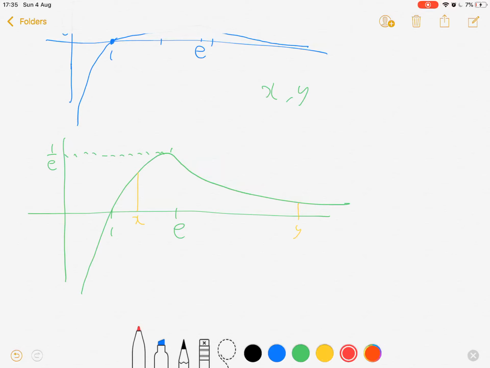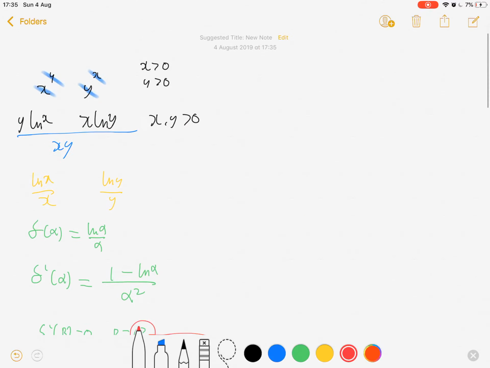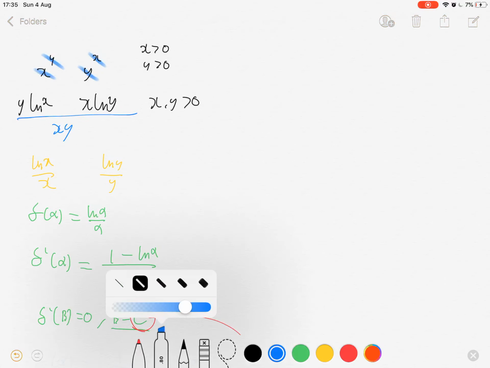Then we can just plug it into the function, this right here, and then you can clearly see that the side which you put x in is bigger. So what does that mean? It means this. Let's make it bigger and a different color.